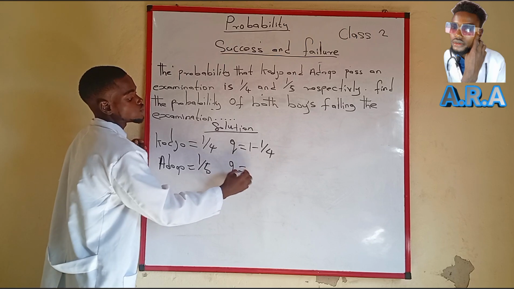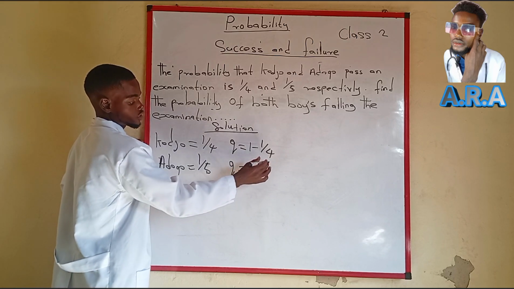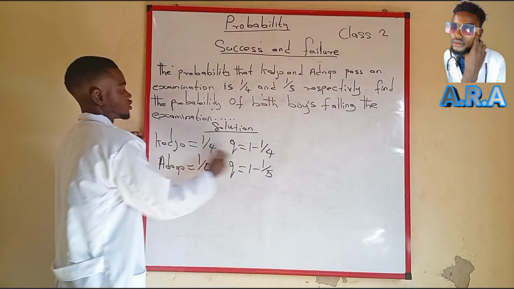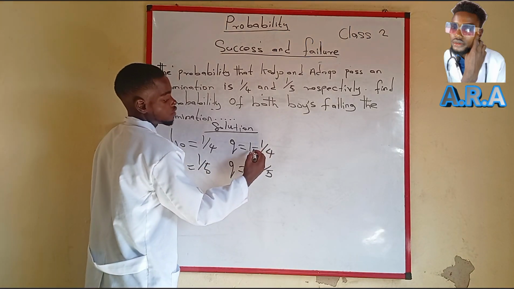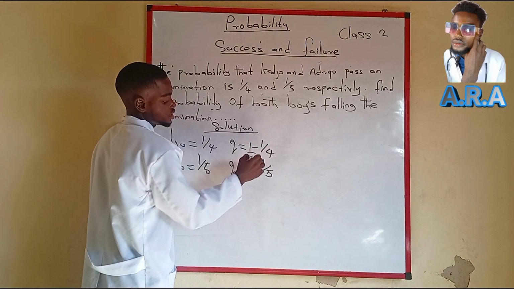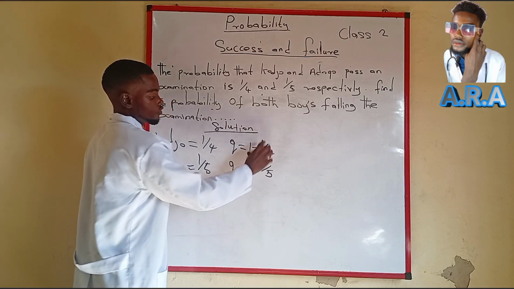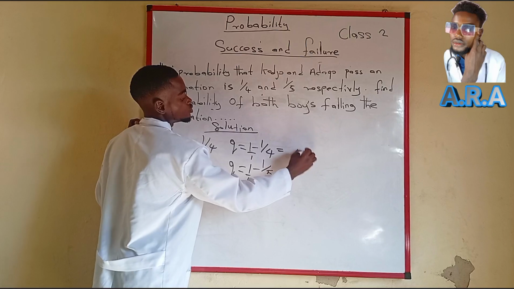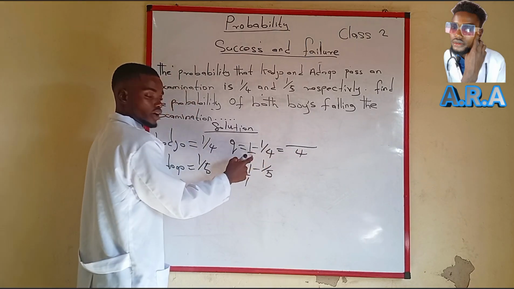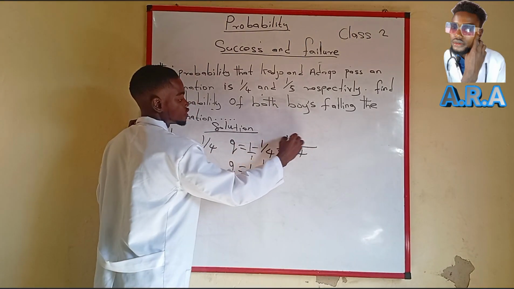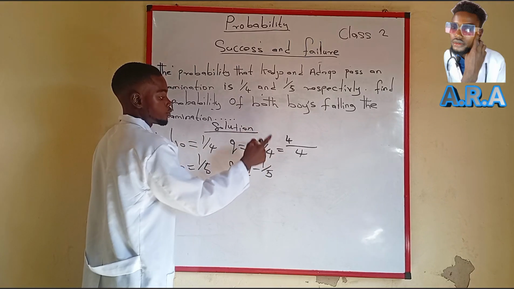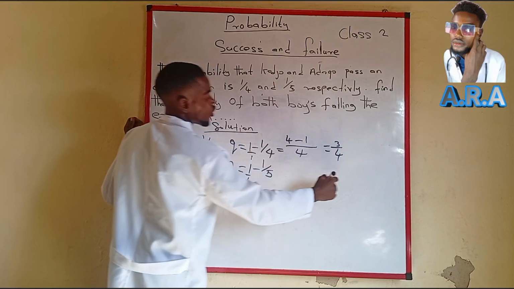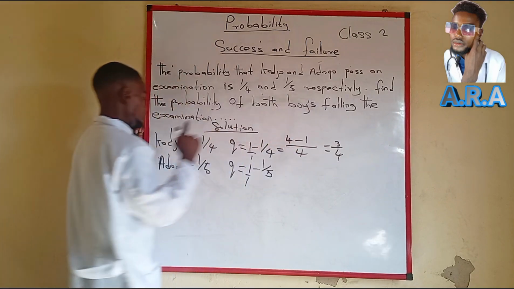Now, the failure probability will be 1 minus the success probability, which is 1 over 5. Now, let's go over to the first one. We have a dash here, 1, and a dash here, 1. For this side, the LCM of 1 and 4 is going to be 4. So 4 divided by 1 is 4, multiplied by 1 is 4. 4 divided by 4 is 1, multiplied by minus 1 is minus 1. I'm going to have 3 over 4 as the failure of Kojo.